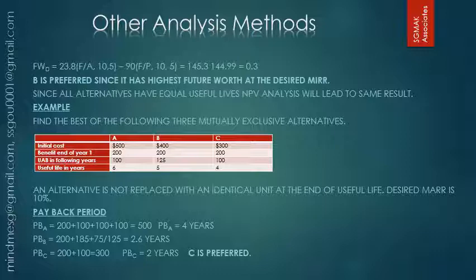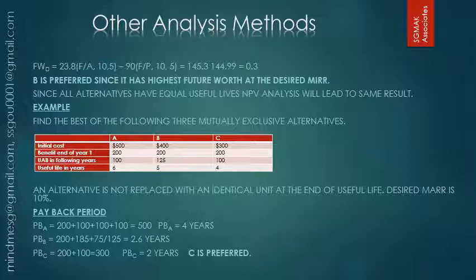So let's look at the payback period first. Alternative A has a payback period. We simply add the benefit until we recover the cost. So it has a payback period of 4 years. Payback period of B is 2.6. We prorate the third year benefit.